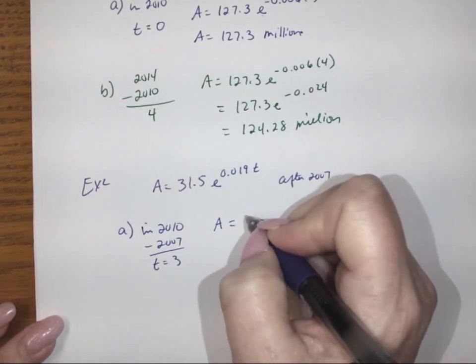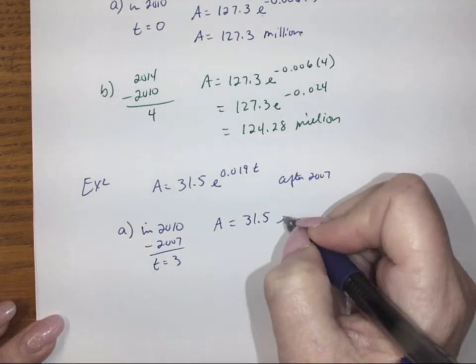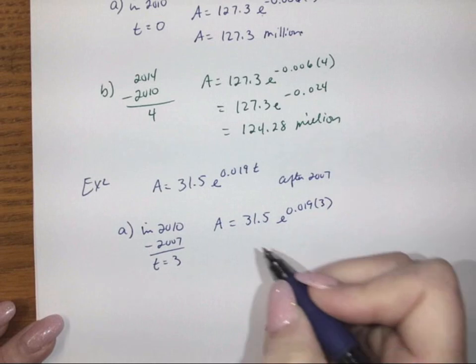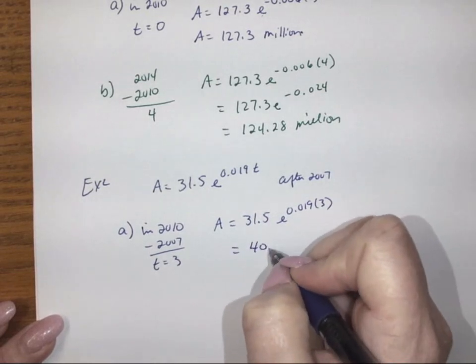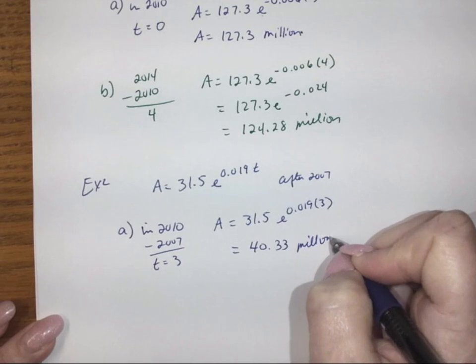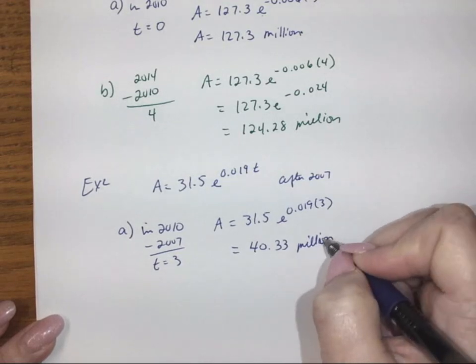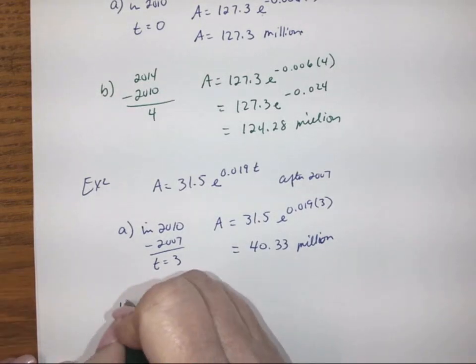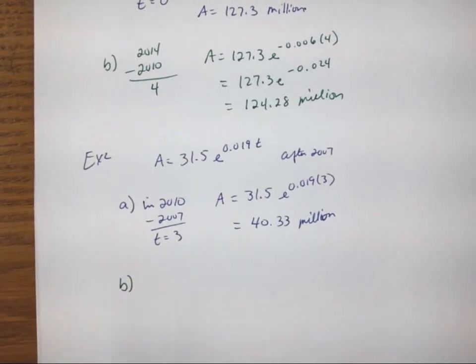So we'll have A is equal to 31.5 e to the 0.019 times 3, which will get us 40.33 million. Now for part B, we are looking at the year 2020.